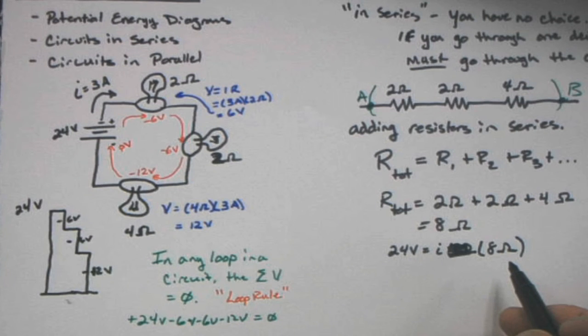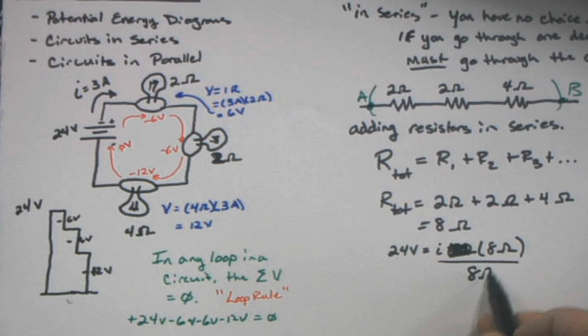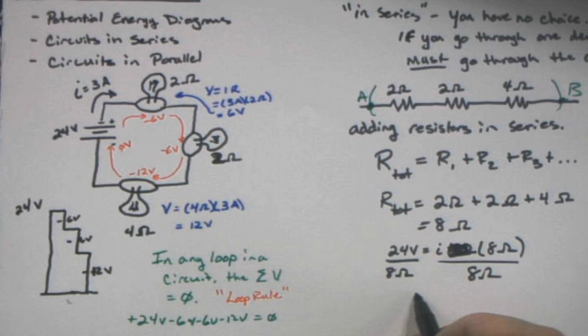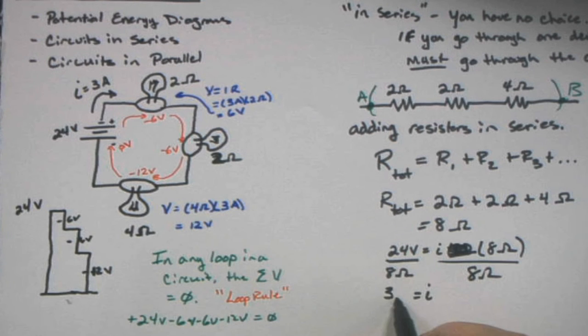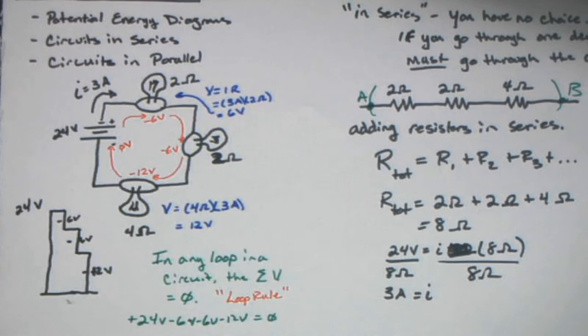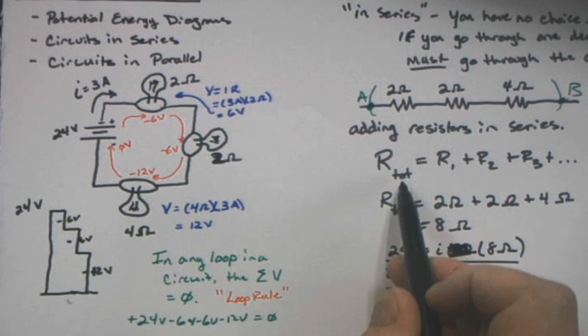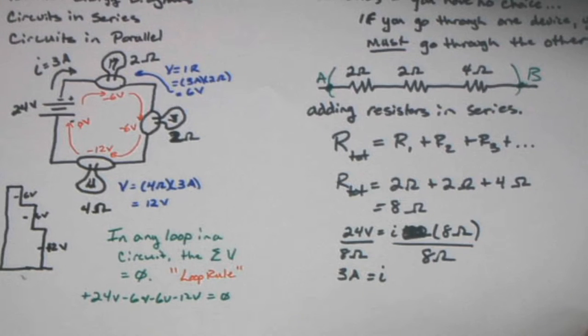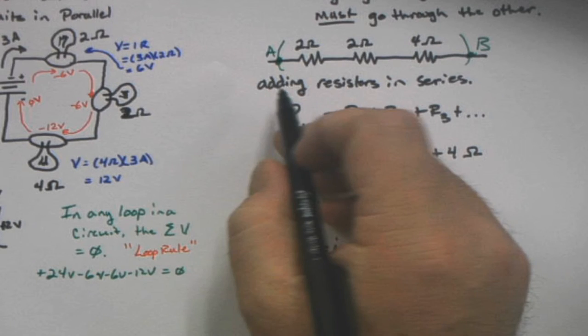To find the current, we divide by 8, and that gives us 3 amps, which is what we assigned at the beginning. That make sense? Destin? Tot, T-O-T, same as total. Okay, so that's for adding resistors in series.